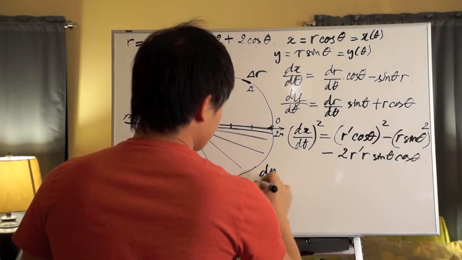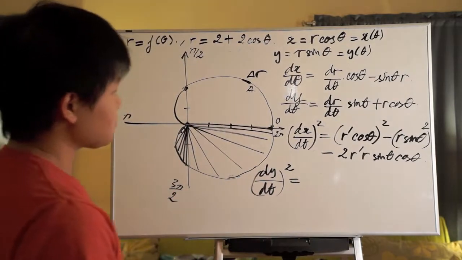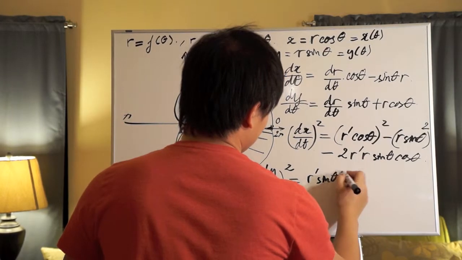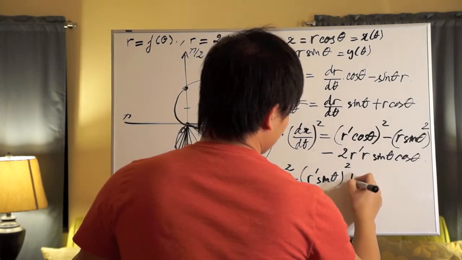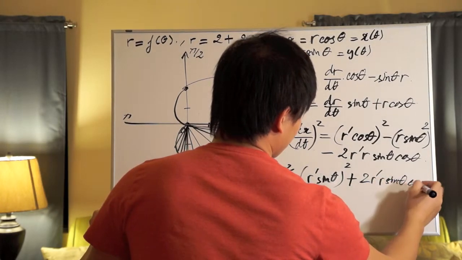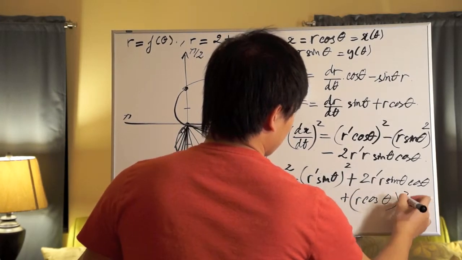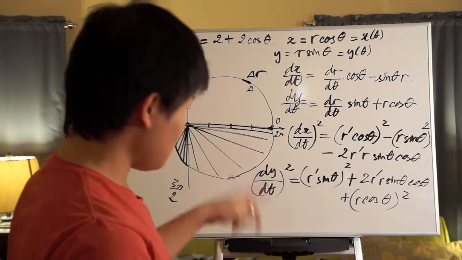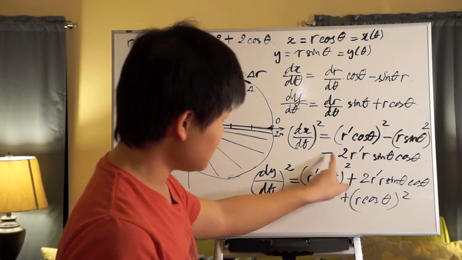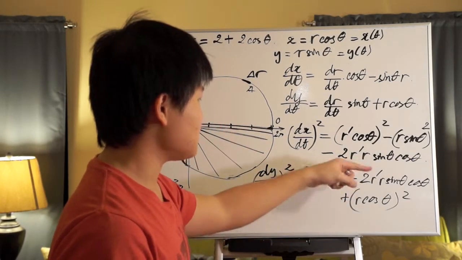Alright, for dy d theta squared, you have r prime squared sine squared, plus 2 r prime r sine cosine, plus r squared cosine squared. When we add these two together, the minus 2 r prime r sine theta cosine theta and the plus cancel.